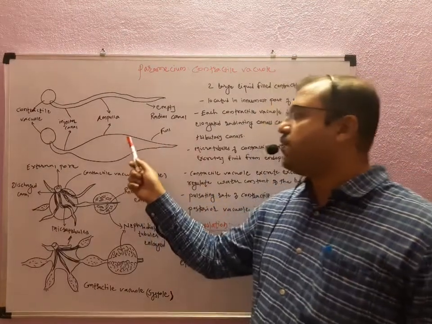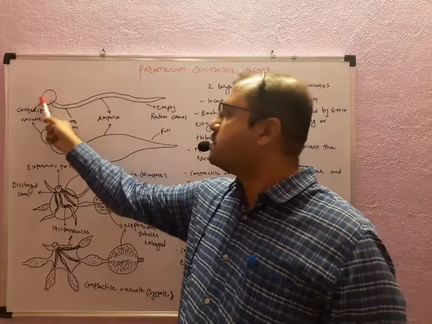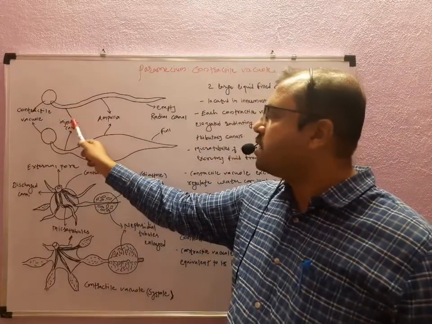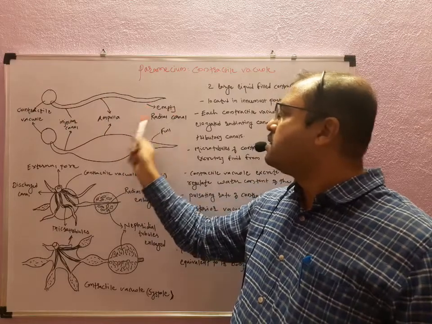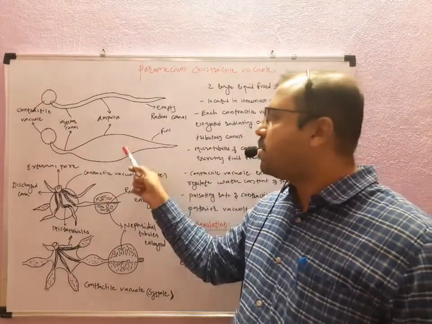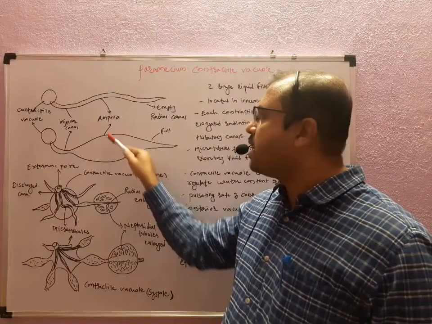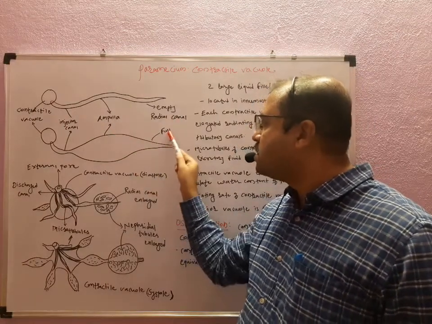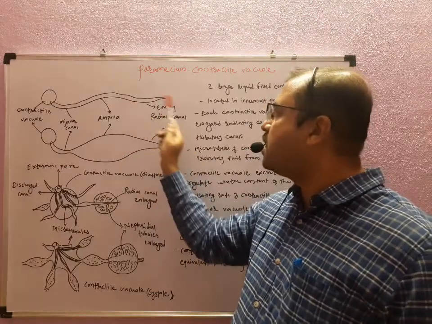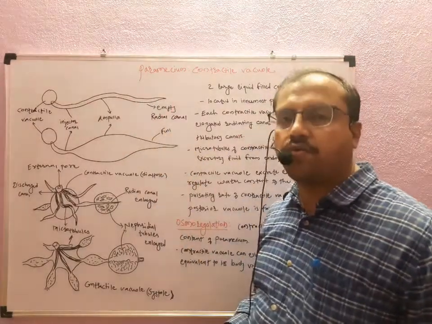Here this figure shows the central contractile vacuole and the injector canal, and there is a bulgy structure. This is about the radiating canals. This radiating canal is full with water, and this radiating canal is empty, without water.